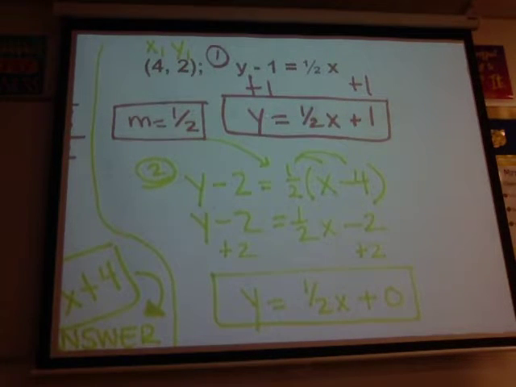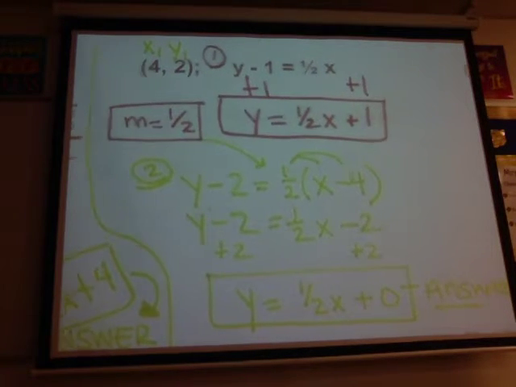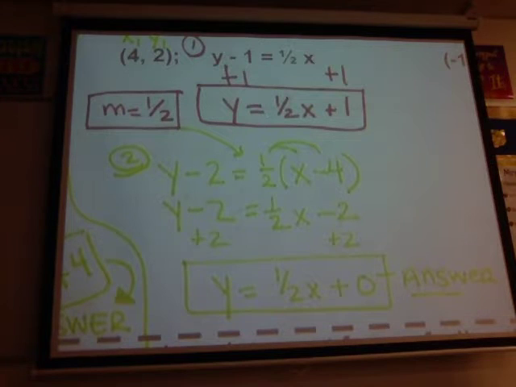Now, do you have to write the 0? No, you don't have to. But the 0 is where it crosses the y-axis, so it would cross at 0, 0 in this plot. Those are parallel lines.